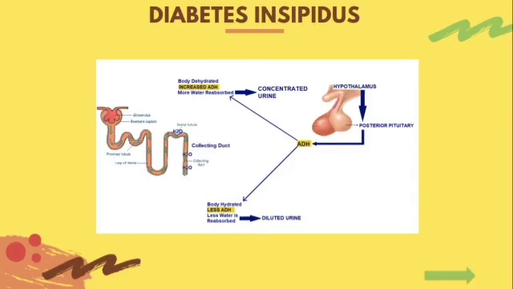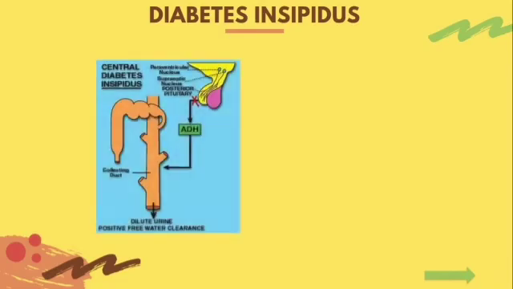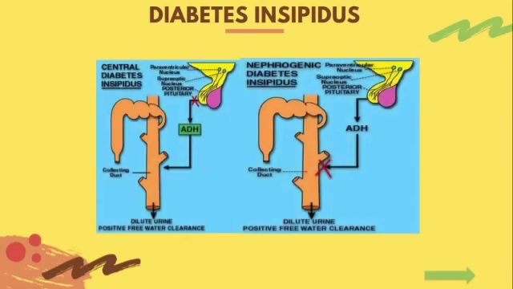To compare the two types of diabetes insipidus, in central DI, there is a defect in the production of ADH, while in nephrogenic DI, there is a defect in the binding of ADH to the transporter. Nephrogenic DI can also result from secondary causes, which include ADH resistance that affects the reabsorption of water. This usually results from loss of the hypertonic medullary gradient as a result of solute diuresis or tubular damage.